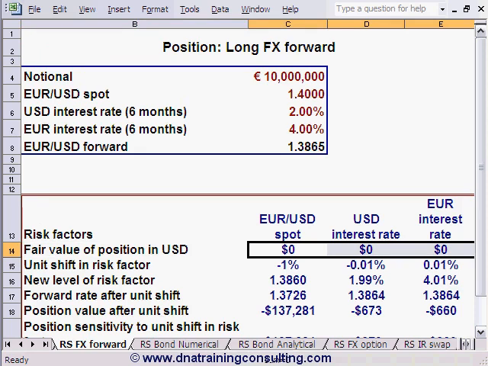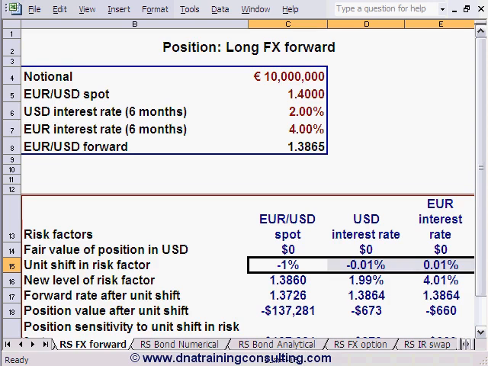As before, we calculate next the risk factor sensitivities using this time a 1% shift in the FX spot rate and an absolute 1 basis point shift for the 2 interest rates. Again, we tread cautiously regarding the direction of these various shifts to bring about an adverse impact on the position value in each case.